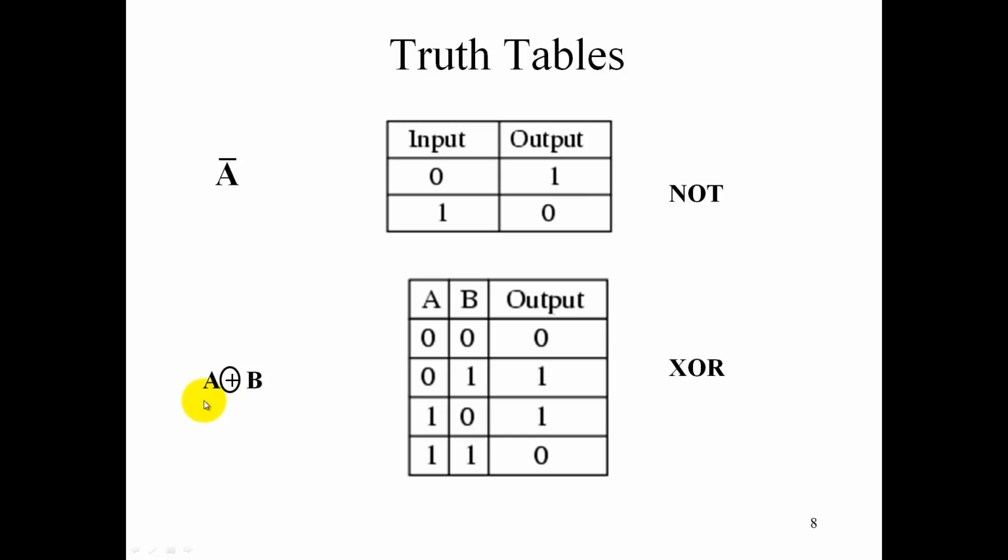Now, for exclusive OR, that's what the XOR stands for. We have this plus sign with a circle around it. What it means is that if only one input is on.